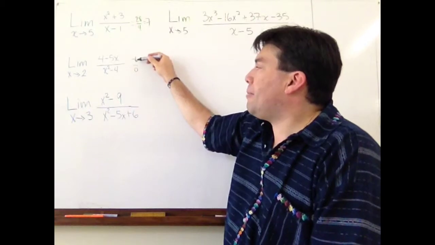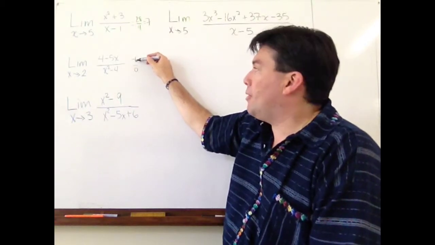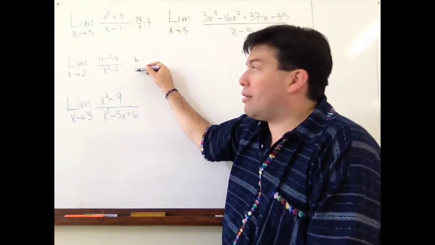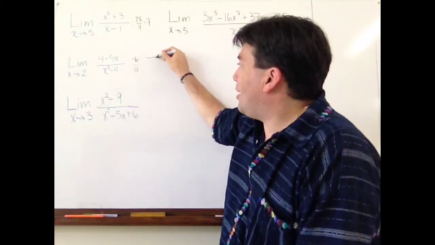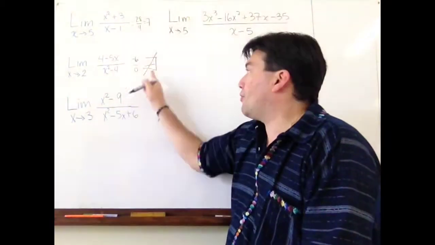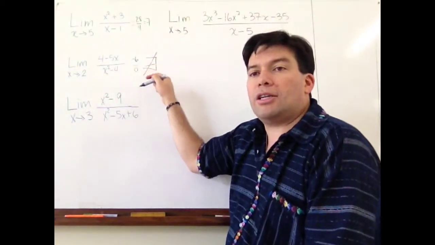When we get a number other than 0 over 0, that simply is undefined. In this case, there is no limit. The limit does not exist.